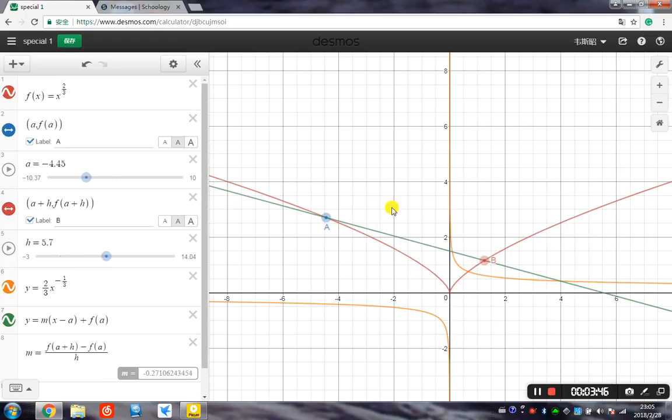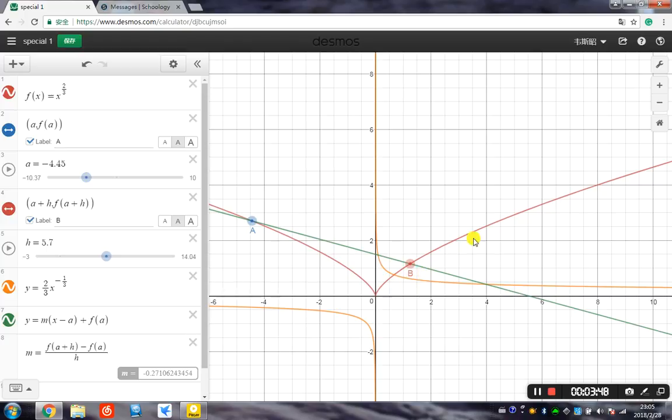Oh no, up to here it is still approaching, and after this they are not going to approach anymore. It's going to move to here, then it's approaching again.